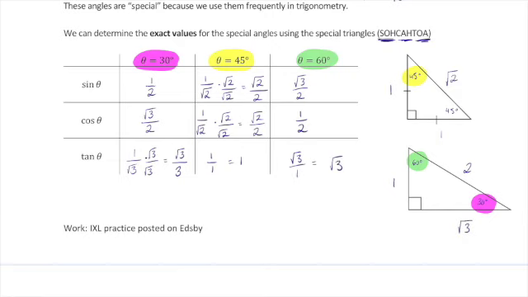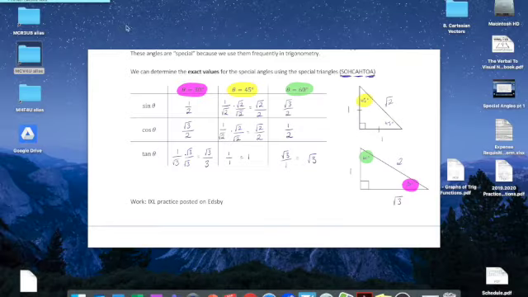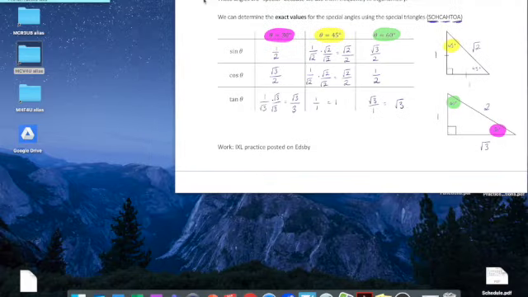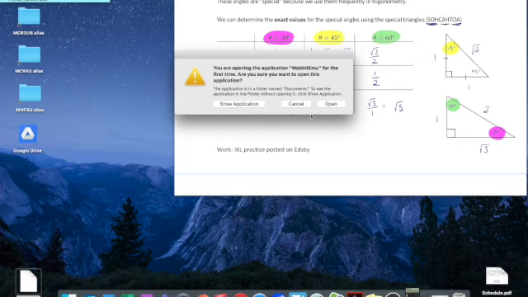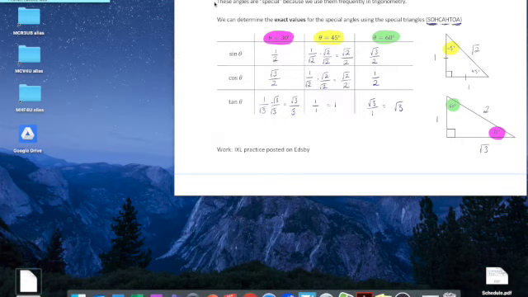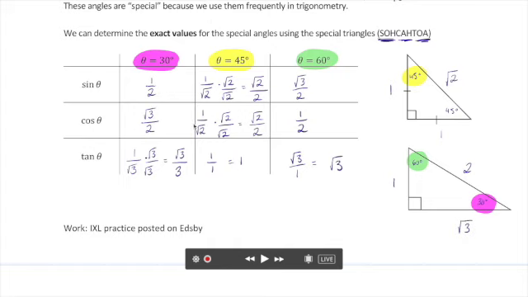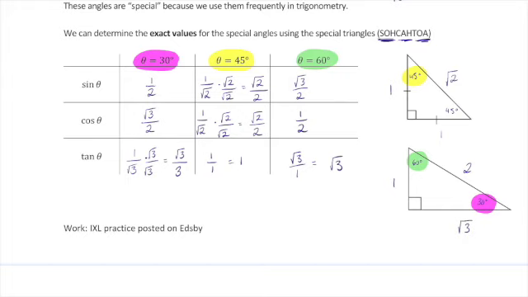We're going to work with getting the approximate value. Make sure that in your calculator you're in degrees, and then if you do, for example, tan of 60 degrees, it's going to give you the approximate value, listed out in decimals.